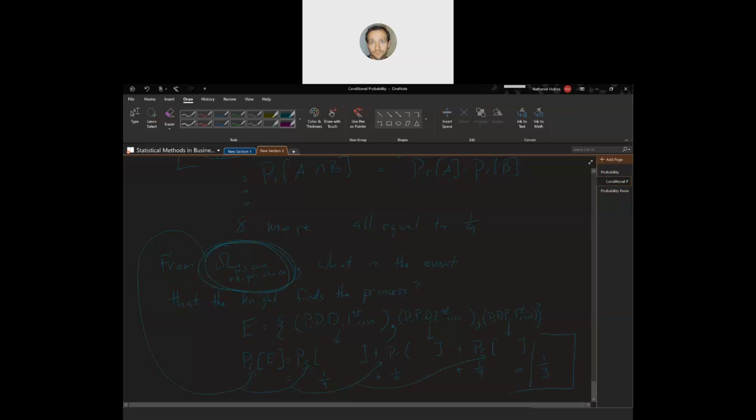I'm not writing those here just because it's already messy enough. But formally, each of these probability functions are being applied to events from this joint probability space, which is why each of these are defined and they're equal to 1/9.